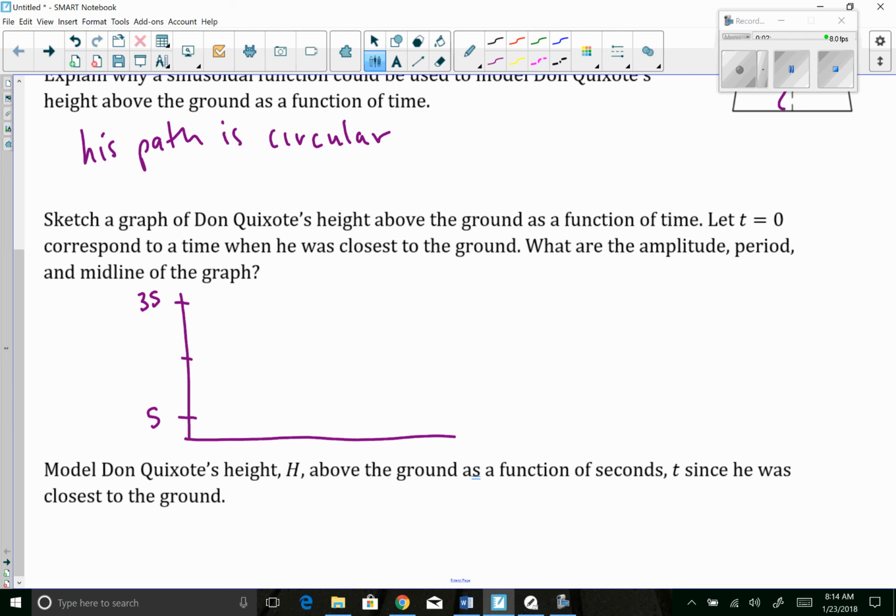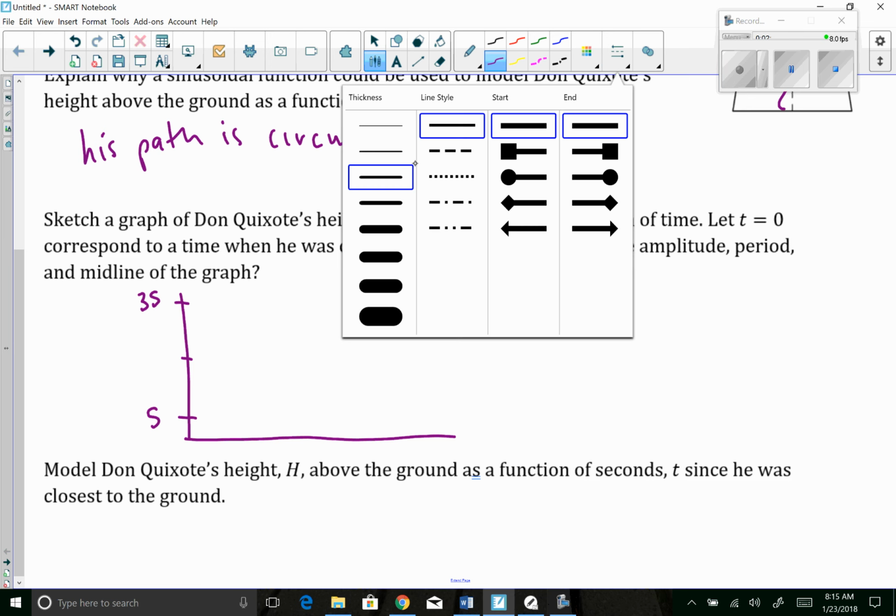We then need to figure out, well, what's halfway between 5 and 35? If we go up 20, we'd be at 25. That doesn't make sense. So we could try a different number like 15 or 10, but 15 does work. Essentially, to find this amplitude you subtract the minimum from the maximum and divide by 2. So if we go up 15, we'd be at 20, and that would be our halfway point.